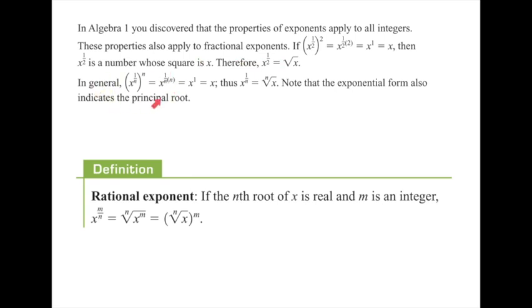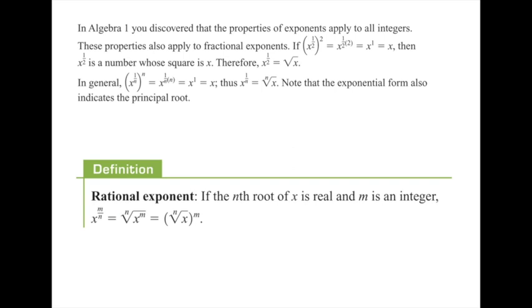So in general, we have what is a rational exponent. If the nth root of x is a real number and m is an integer, and you have x to some fraction, now the exponent itself is a fraction. The numerator of that fraction represents the exponent, and the denominator represents the index of a root.